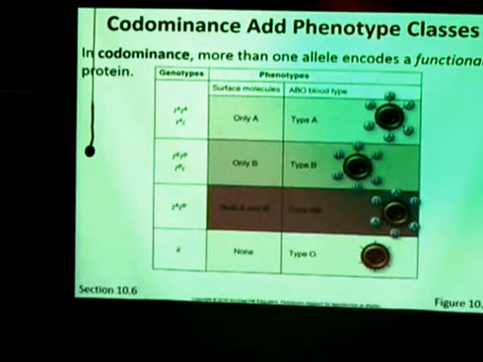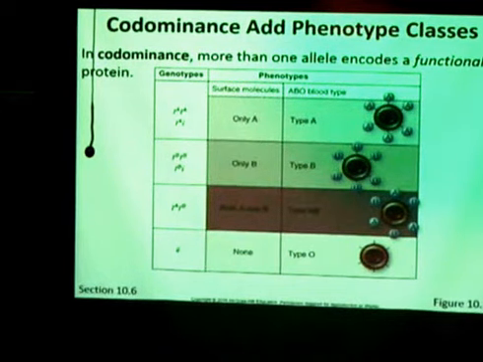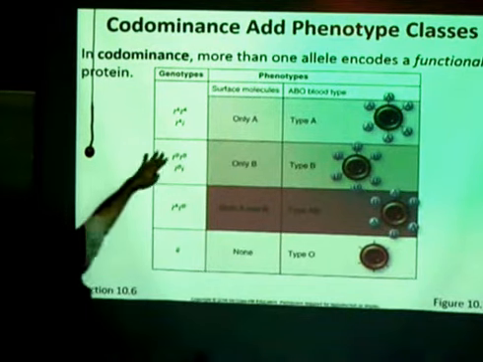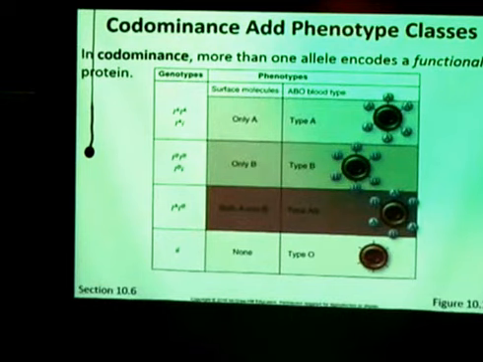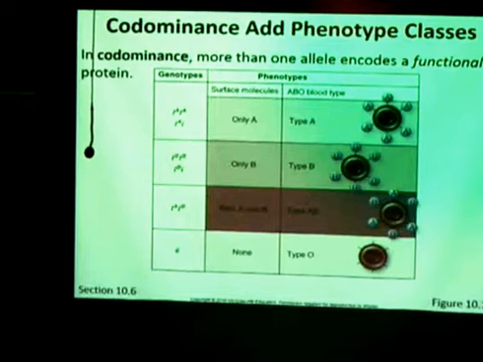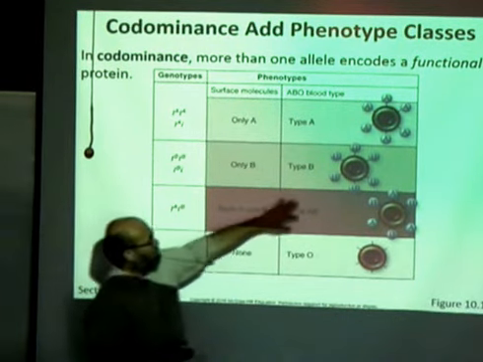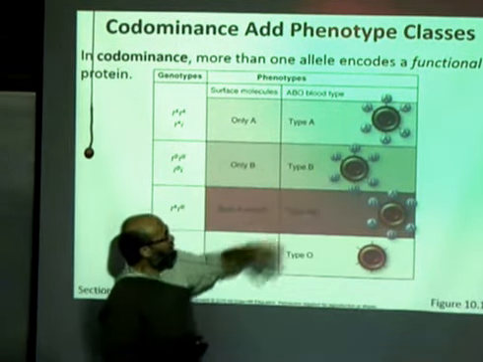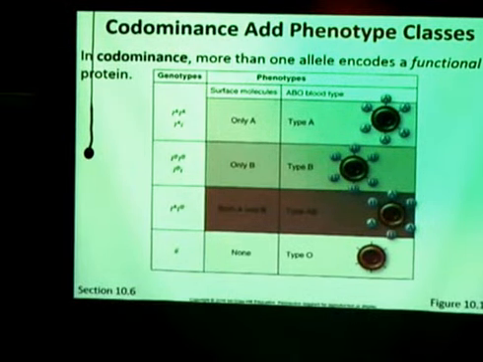People who are type A have a protein and carbohydrate on the surface of their red blood cells that is of type A. That's why they call it type A. Otherwise, there are no labels on our red blood cells that show I am type A. People who are type B have an antigen, or carbohydrate, on the surface of their cells which is type B.